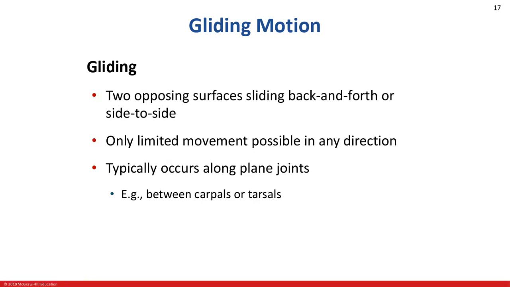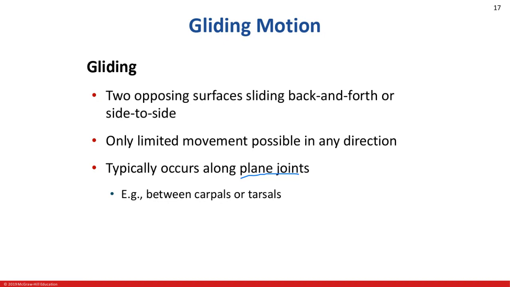You heard me talk about this. This happens with a plane joint. You have two flat surfaces that are going to slide back and forth on one another or side to side. So this is only going to occur in plane joints, which means it's only going to occur in one plane of motion.